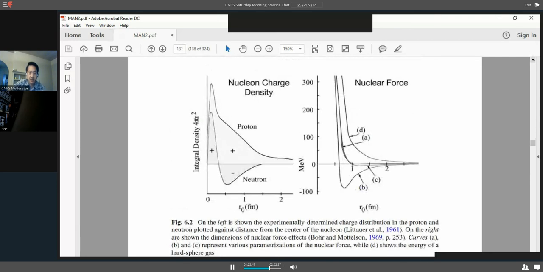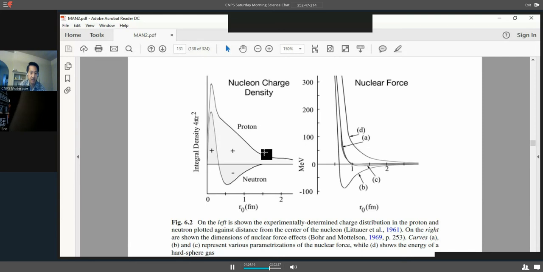This is showing what the nuclear charge density is for a proton and a neutron on the left here. For a proton, we see that there's only positive charge, and very close, under like 0.25 centimeter is where the maximum positive nuclear charge is found.